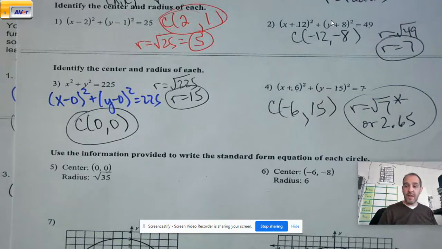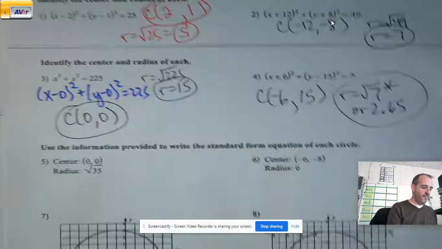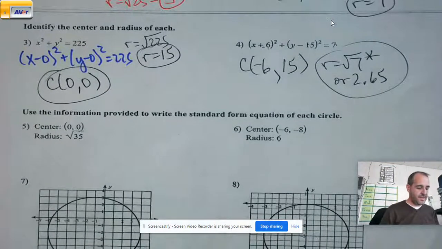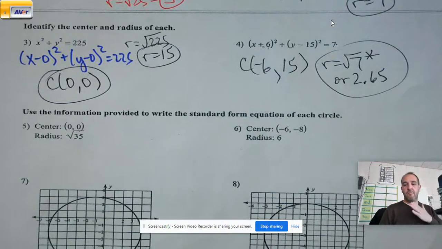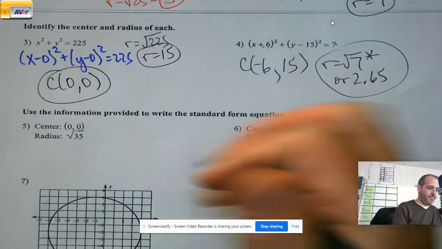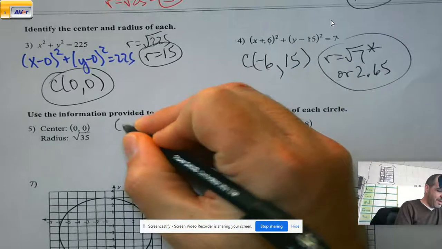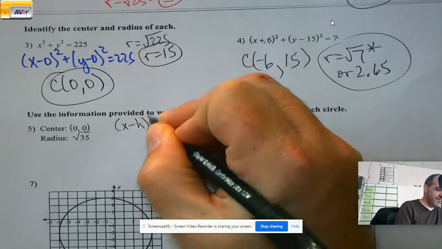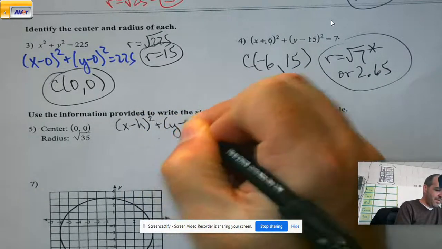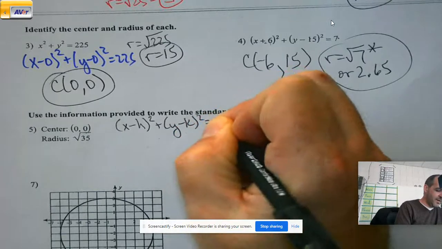And then there's only one more thing with this, and we actually have this set already. So here, use the information provided to write the standard form equation of a circle. Okay. My opinion only. I'm going to do this on the first one. You don't have to do this every time, but I think it's going to help here when we get kick-started.